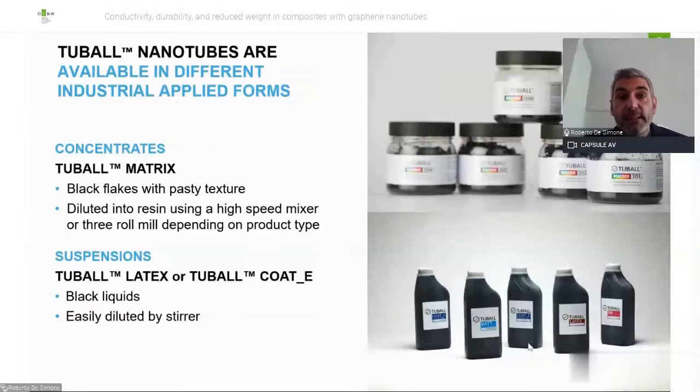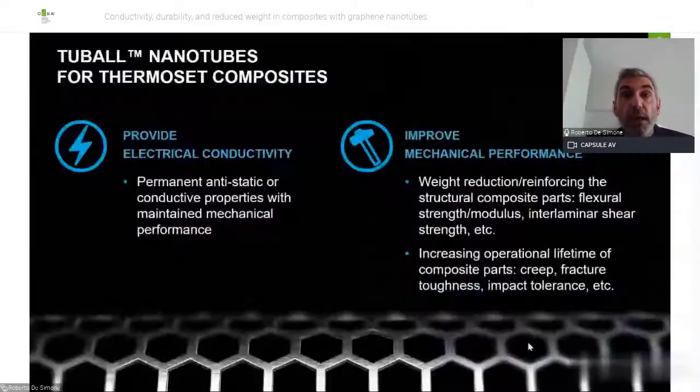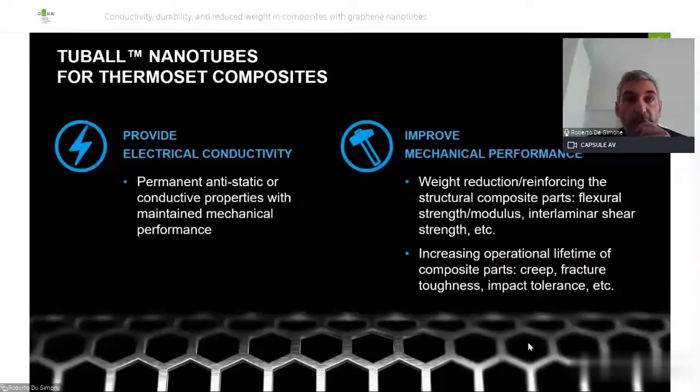As a sideline, we also developed some water dispersions, which are just a black liquid with some surfactant agents to keep the dispersion stable.